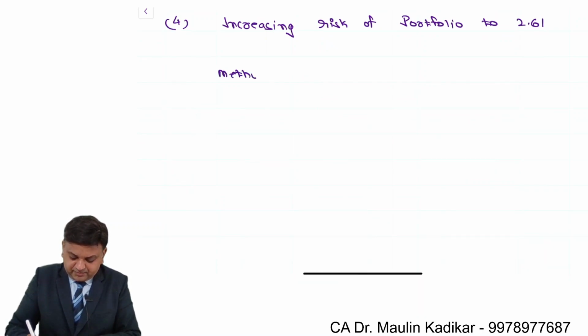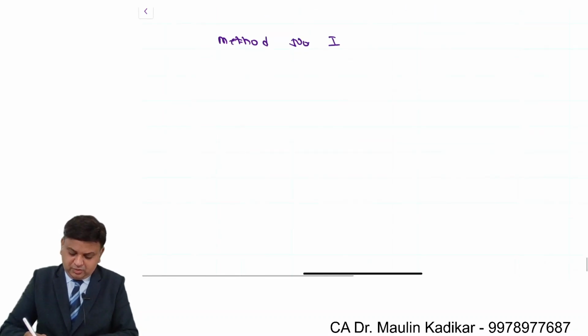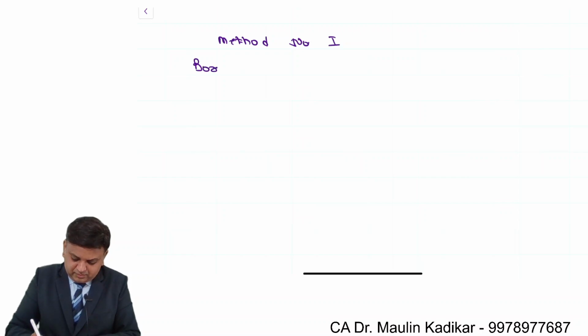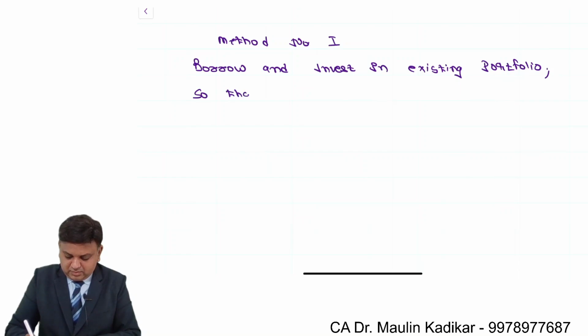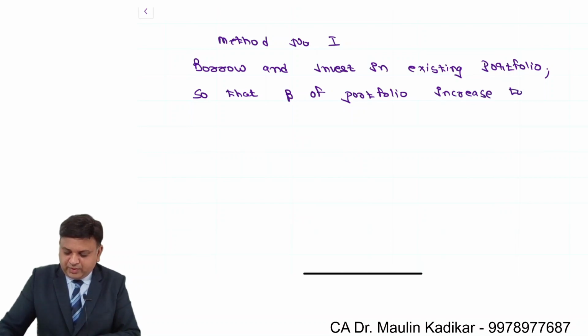There are two methods. Method number one. Friends, in the first method what you can do is borrow and invest in the existing portfolio, so that the beta of the portfolio increases to 2.61.